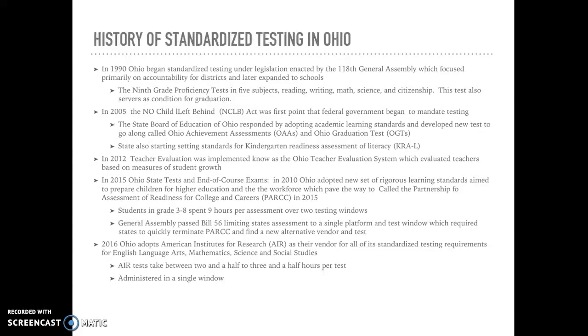In response, they adopted what we know as the AIR tests, from the American Institute of Research, as a vendor for all of its standardized testing requirements for English language arts, mathematics, science, and social studies. The AIR tests take between 2.5 to 3.5 hours per test, and they are administered in a single window. So that was an improvement from the previous test, but it still took much longer than the initial tests that were designed in 1990.